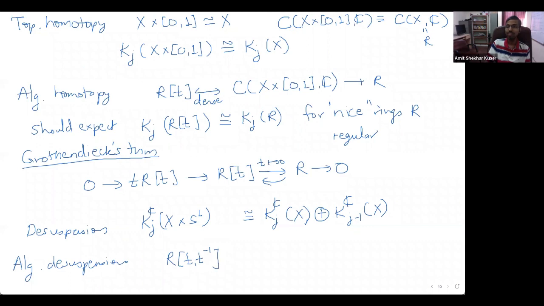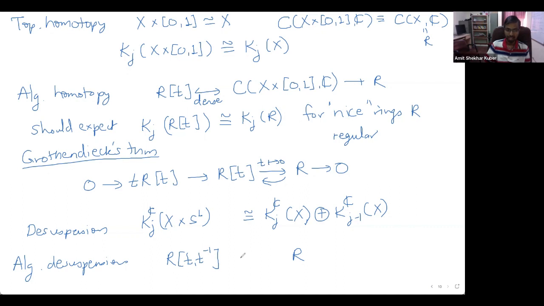So R[T, T inverse] once again is a dense subring of the ring of continuous complex valued functions on X cross S1.